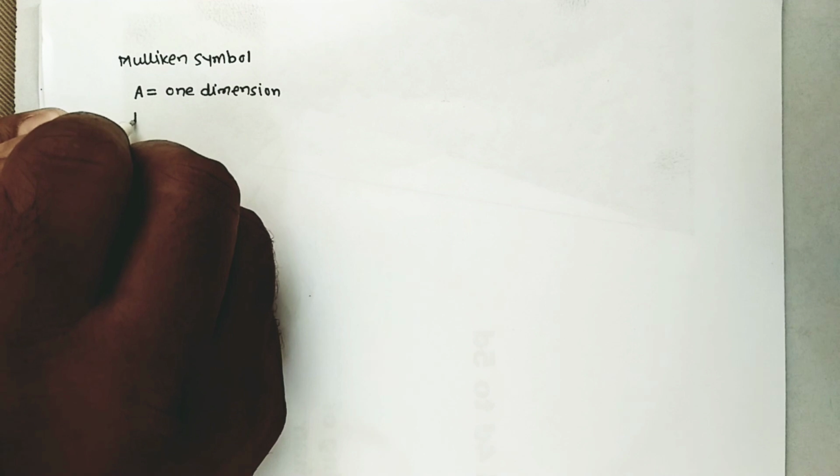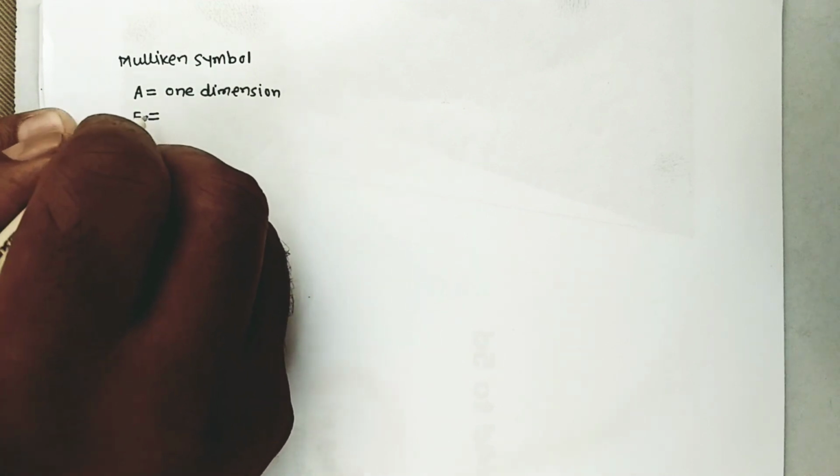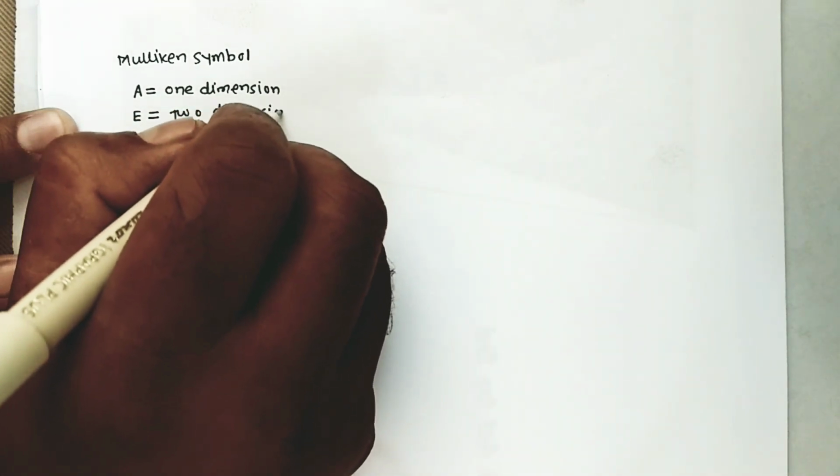A is for one dimension, E Mulliken symbol is used for 2 dimensions, and T symbol is used for 3 dimensions.